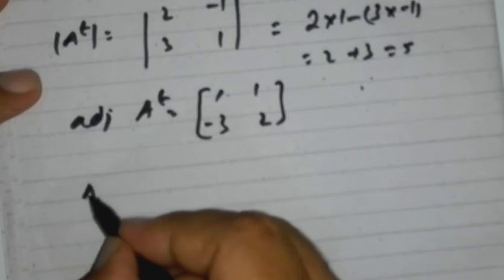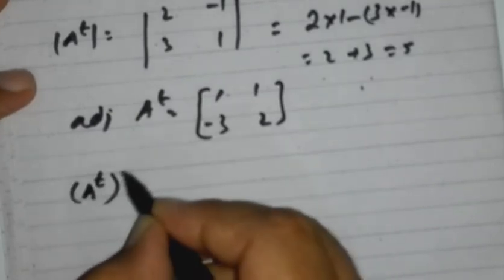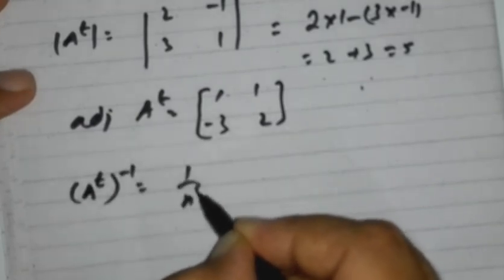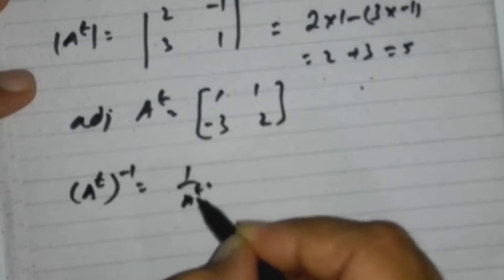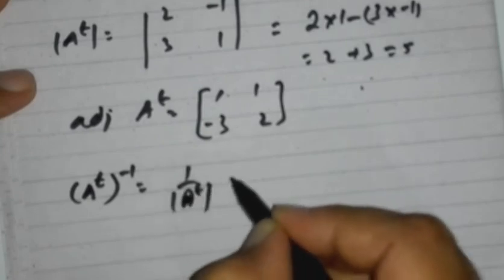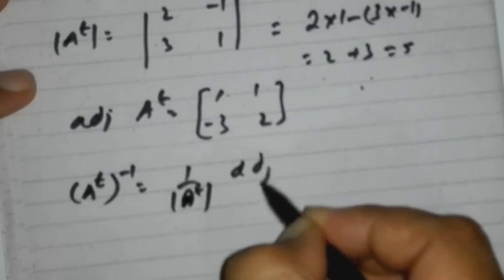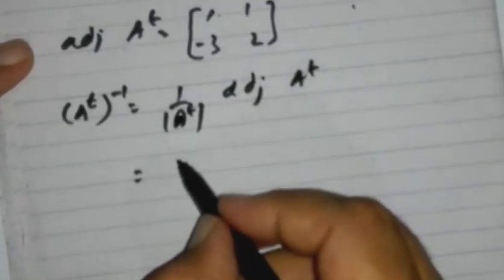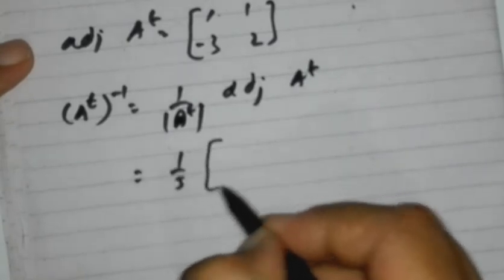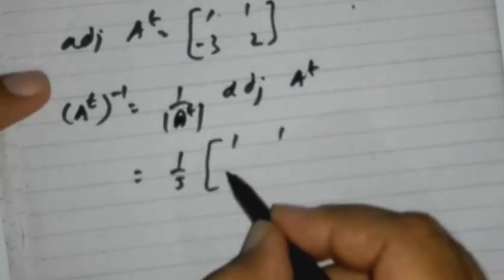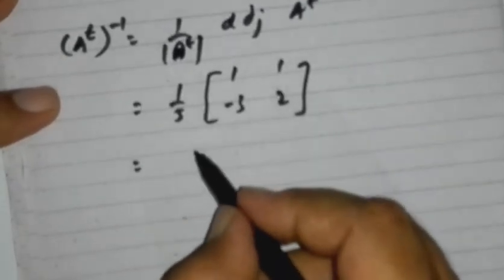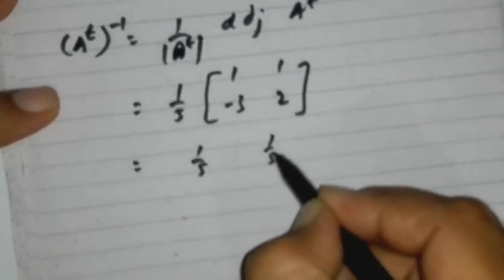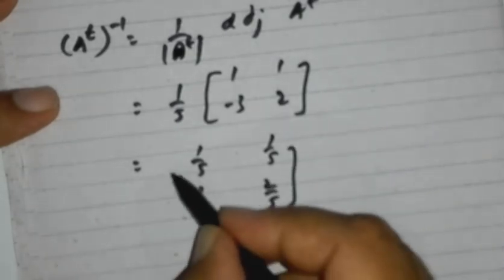Now (A transpose) whole inverse is 1 over determinant of A transpose into adjoint of A transpose. The determinant of A transpose is 5 and the adjoint is 1, 1, minus 3, 2. Multiply 1 over 5 here: 1 over 5, 1 over 5, minus 3 over 5, 2 over 5.